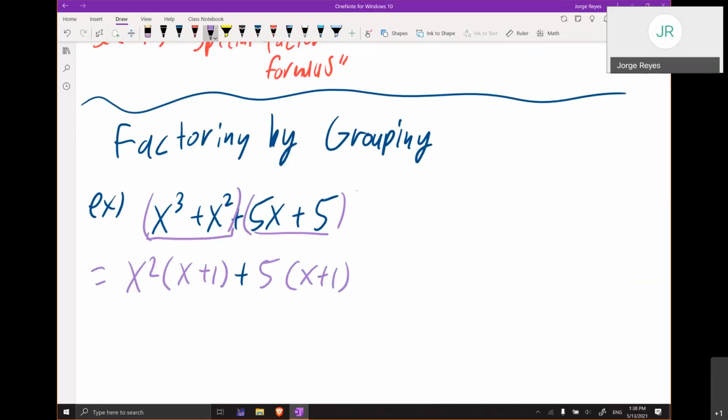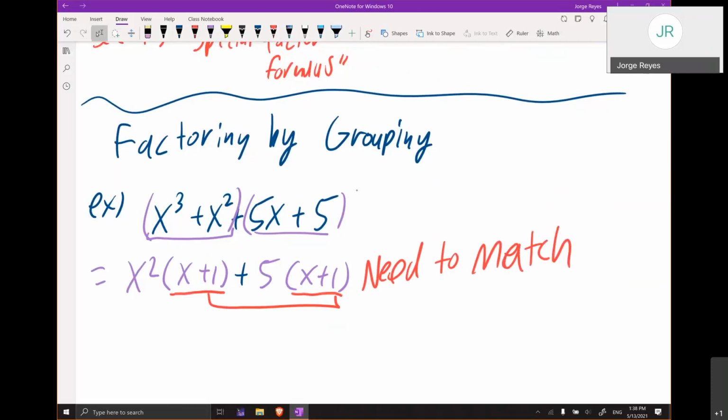Here's where you need to check if you've done this correctly. To factor by grouping, you need these to match. If they don't match, check that you did it correctly and that you can't take out anything more, or less maybe. If it still doesn't work, try grouping differently, maybe group this and then these two.